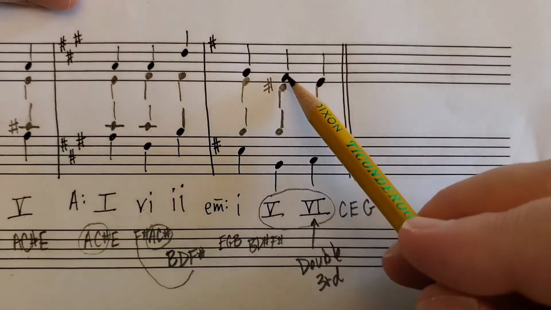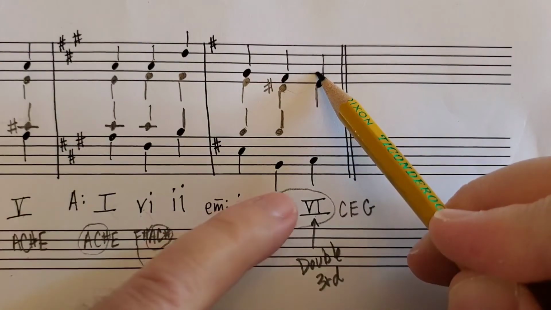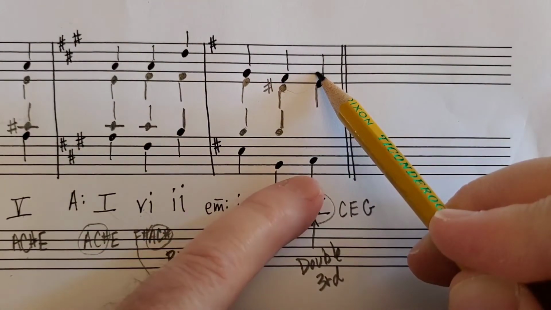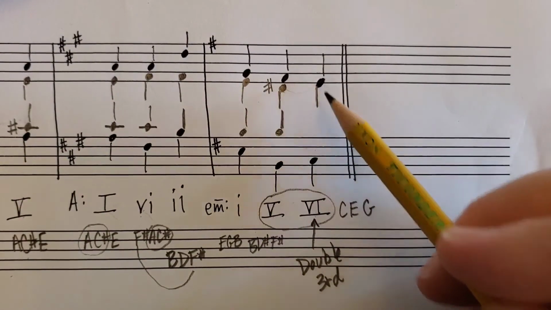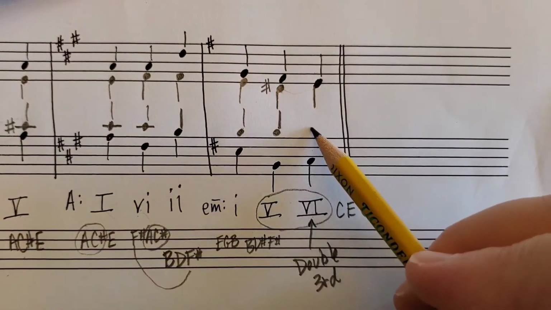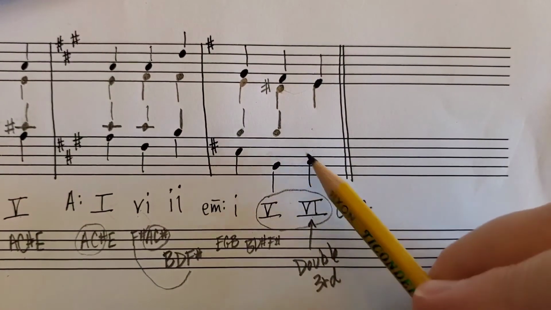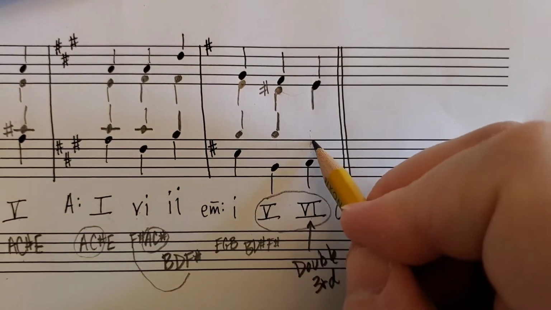Notice if I were to move the F sharp here in the soprano to the G, I'd have a parallel 5th with the bass part, right? So doubling the E avoids that parallel 5th. Of course, if I move this B to the C, I'll have a parallel octave with the bass here in the tenor. So leap down to the G.